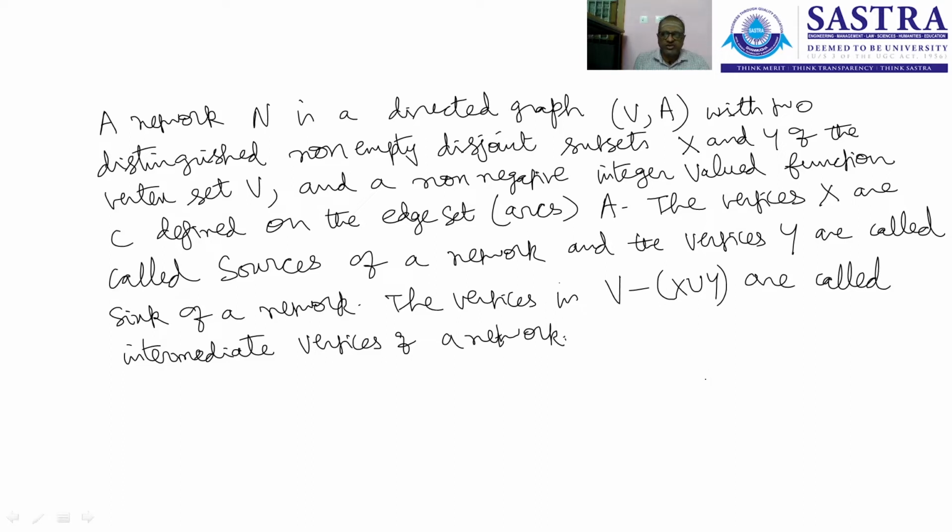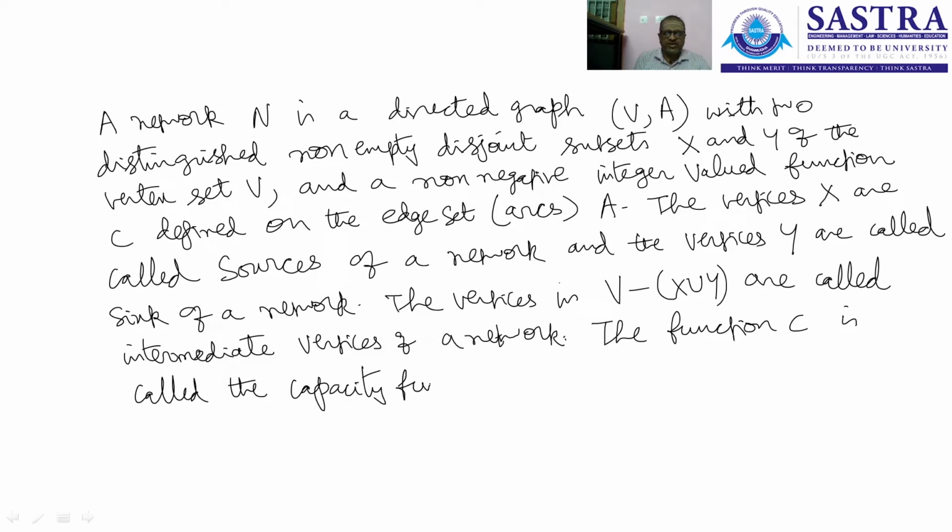The function C is called the capacity function of the network, capital N. We denote the network with the letter N. So in this case, the function C defined on the edge set is called the capacity function, and you will have a value C of A designated to every arc, and that is called the capacity.